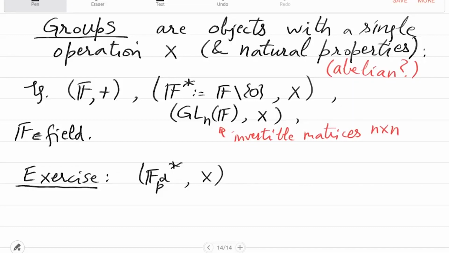But the beauty is that it has a single generator. There is an element g such that g, g square, g cube, and so on, make up the whole set. It's the whole field minus the 0 element. So this is a cyclic group.